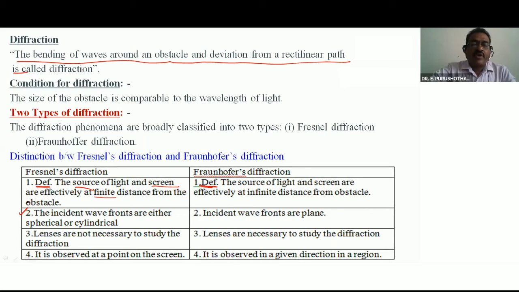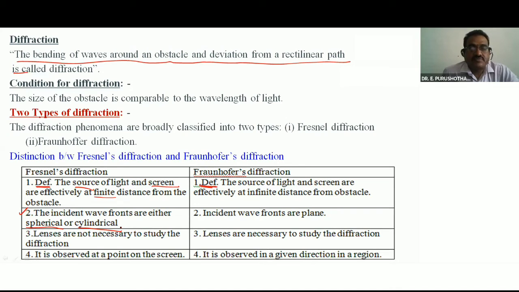What is that second point? The incident wave fronts are either spherical or cylindrical. You can write in your own words: a spherical or cylindrical wave front is used in Fresnel's diffraction.